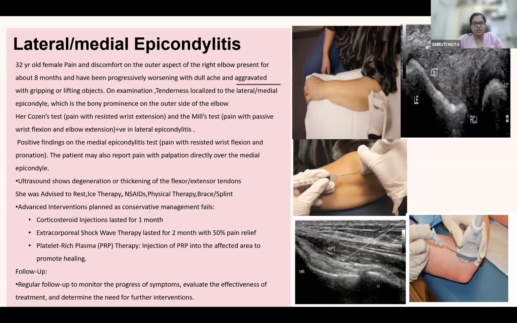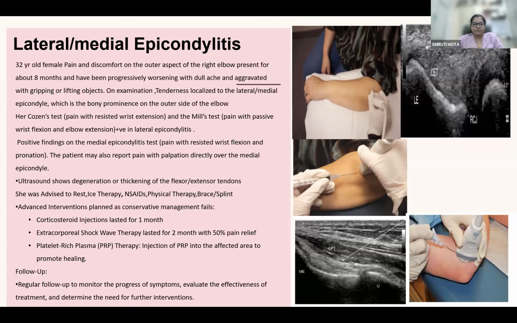In this case, it gave 50% pain relief. So mild to moderate pain still lasted for 1 to 1.5 years. So PRP can be planned in this case. The aim of PRP here was to promote healing and prevent recurrence.